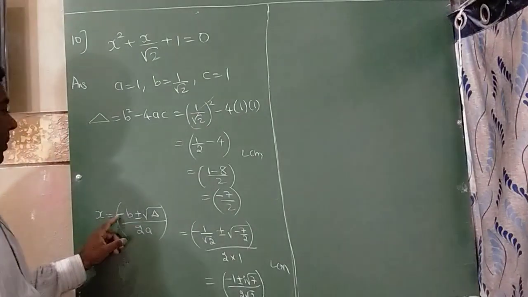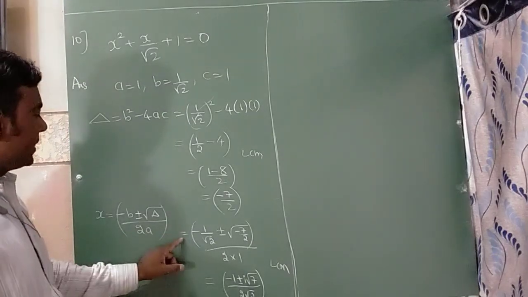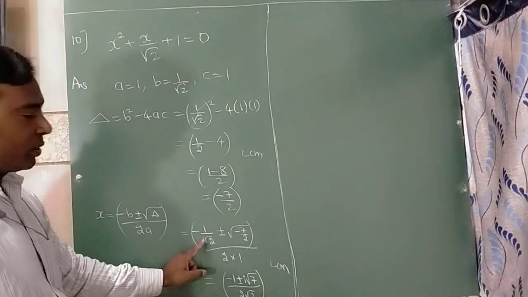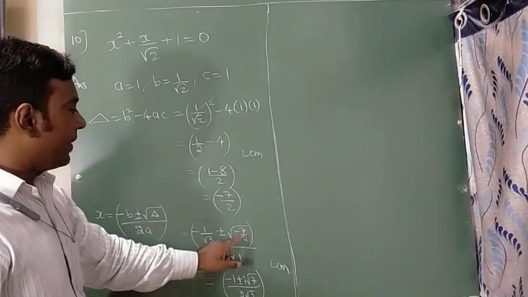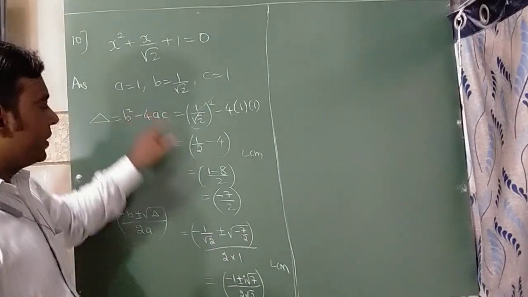Now x is equal to minus b plus or minus square root of delta divided by 2a is the formula, which is minus b value, 1 by root 2, so I have written here 1 by root 2, plus or minus square root of the delta value, minus 7 by 2, divided by 2 into a value, which is 1.